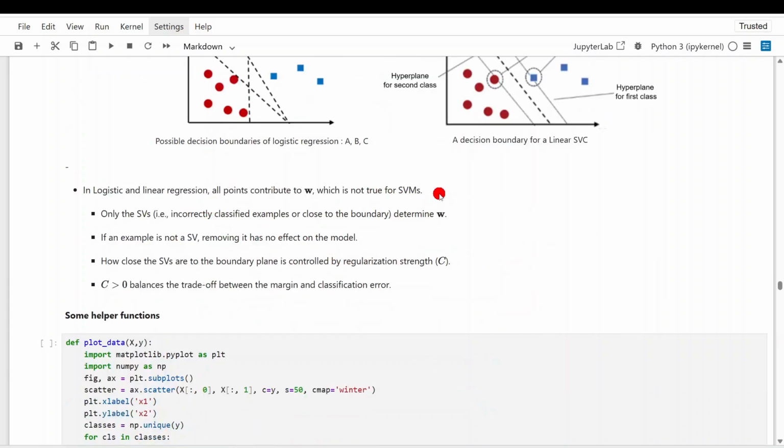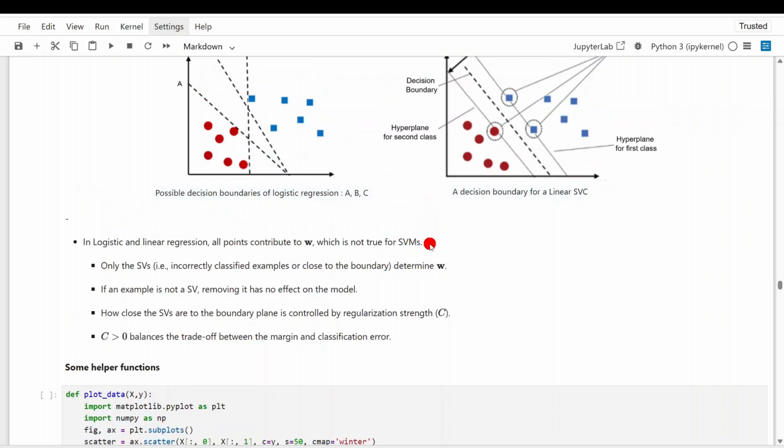So in linear and logistic regression models, all the points contribute to the parameters. But this is not true for support vector machines in general. Only points that are incorrectly classified or points that are closest to the boundary contribute in estimating the parameters of the decision boundary.